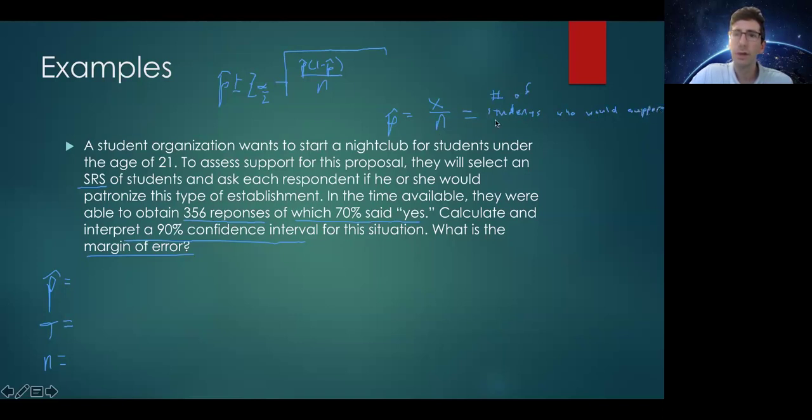And then you take that number and divide it by your sample size. So again, it's a categorical variable. It's yes, no. So you take the number of yeses, basically, divide it by the total sample that you asked, and that would give you your p hat.